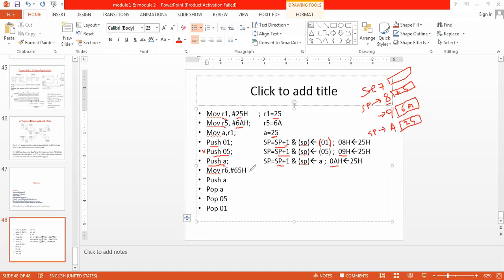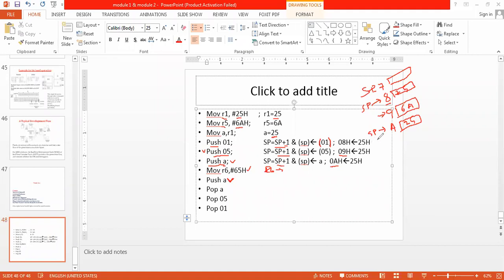Now I am doing some other work here. Move R6, 65. So here R6 value will be 65H. That is not required for us. Now what is happening? Two times I have made push. Again push A is happening, two times.